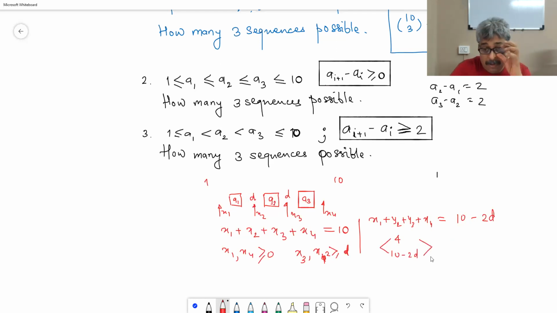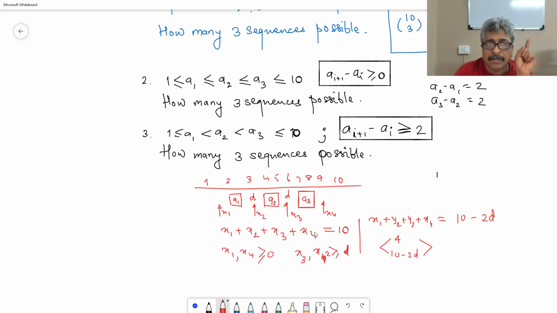Correct? Now, there is no question of further permutation because 1, 2, 3, 4, 5, 6, 7, 8, 9, 10 are in one order and they will continue to remain in that order. And A1, A2, A3 also will continue to remain in that order.